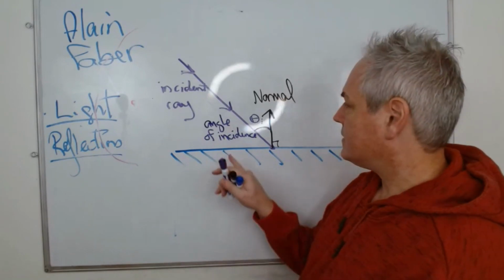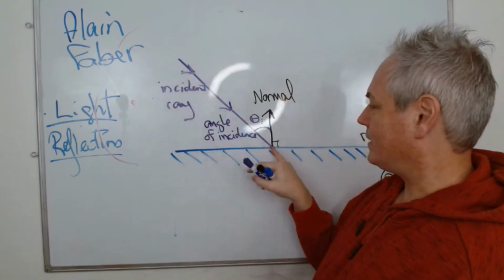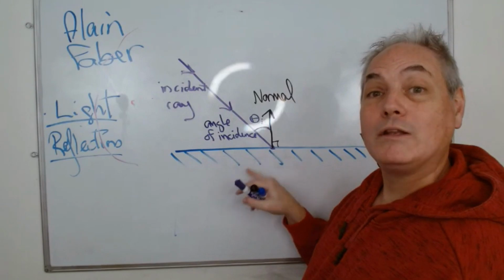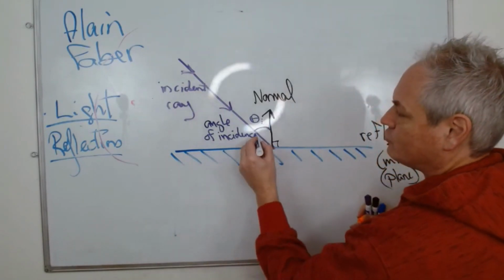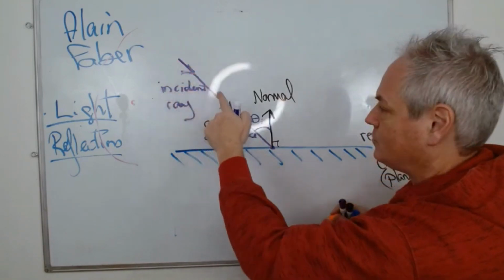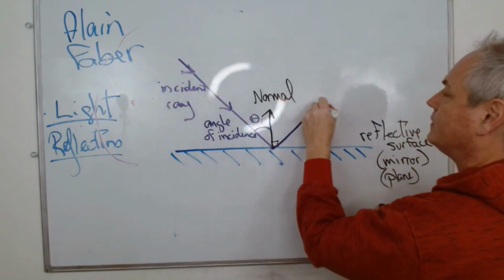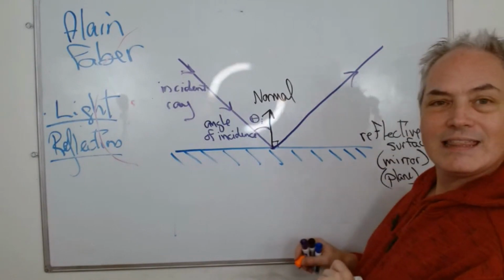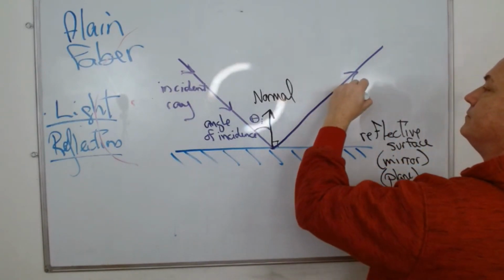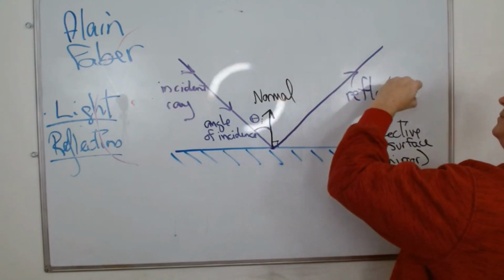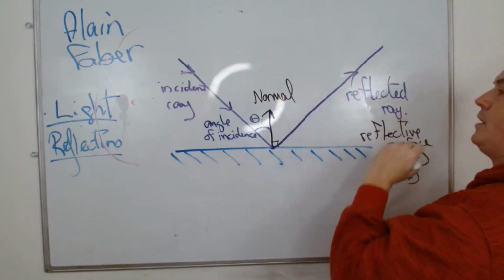Now, what is interesting is that if you have light going this way on a plane mirror, we know that it's going to be reflected. But here the theory goes further. It shows that when we have a light ray going this way, it is being reflected this way. And this is called a reflected ray. Perfect.